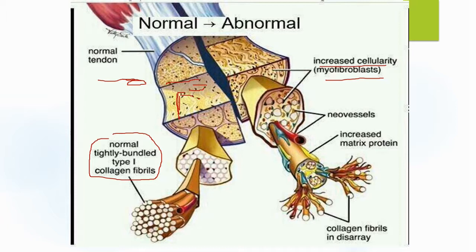In fact, in degenerative tendon itself, some studies indicate that some of the extracellular matrix becomes filled with cartilage type of substance, similar to what would be produced by chondrocyte cells.